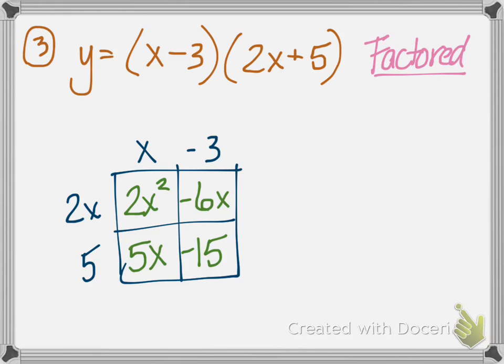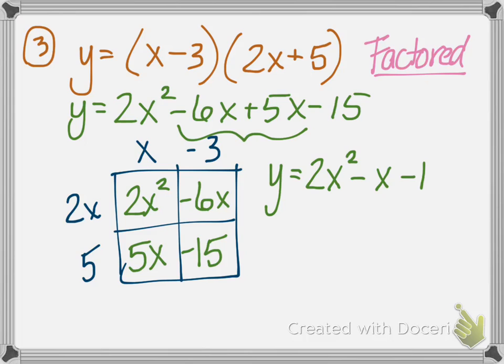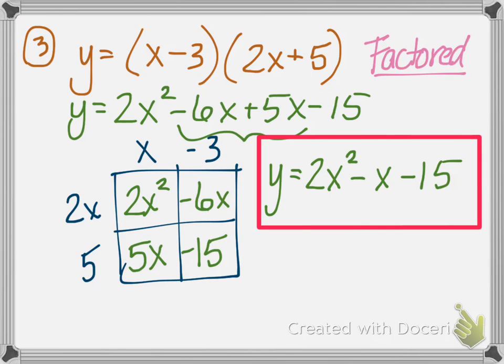So when I write that out, I have y equals 2x squared minus 6x plus 5x minus 15. Combine your like terms here, and your final answer, y equals 2x squared minus x minus 15. And there's the general form from factored form into general form for number 3.